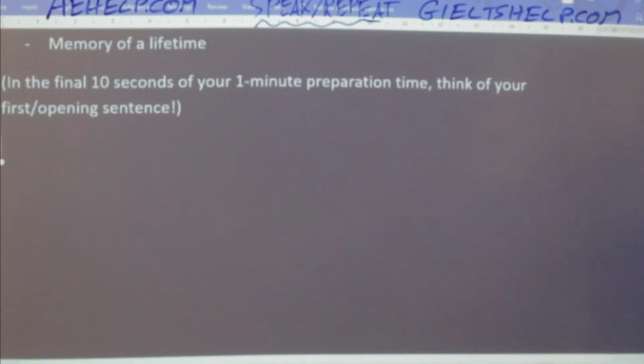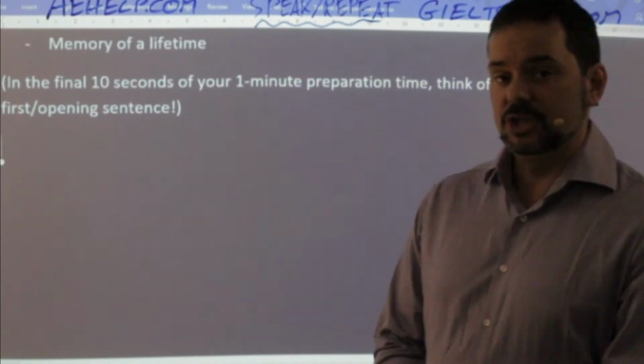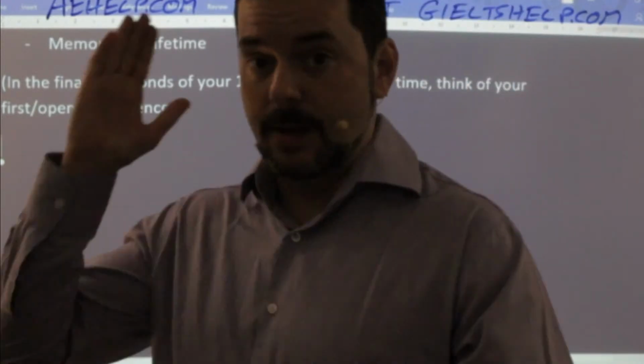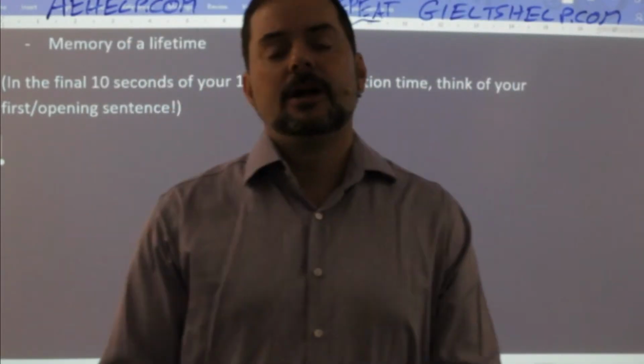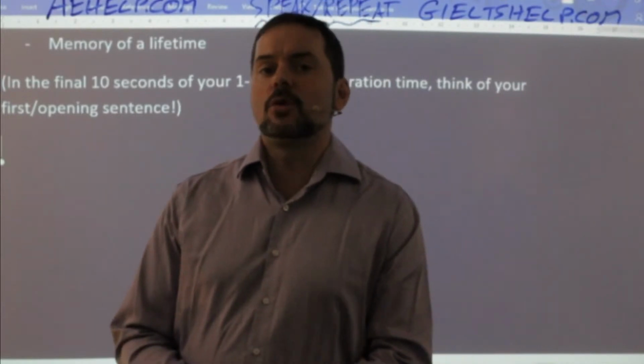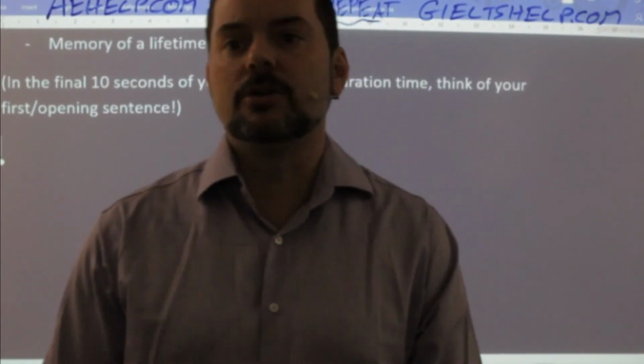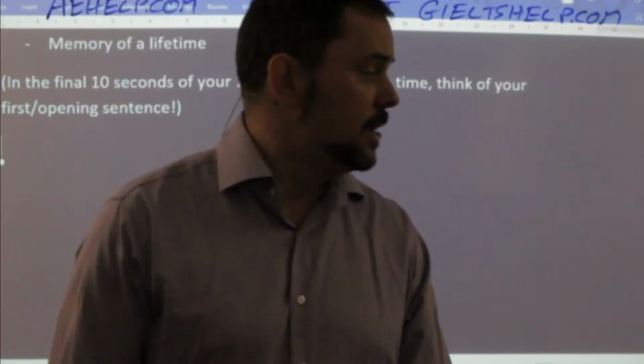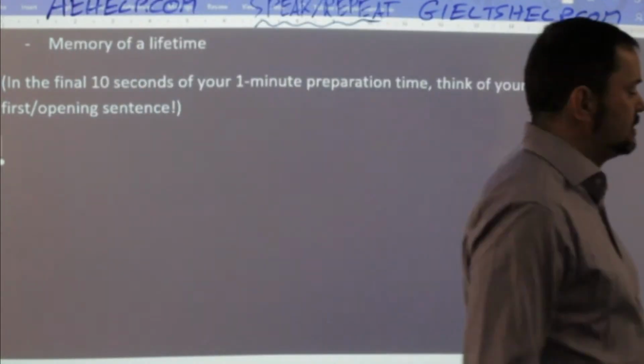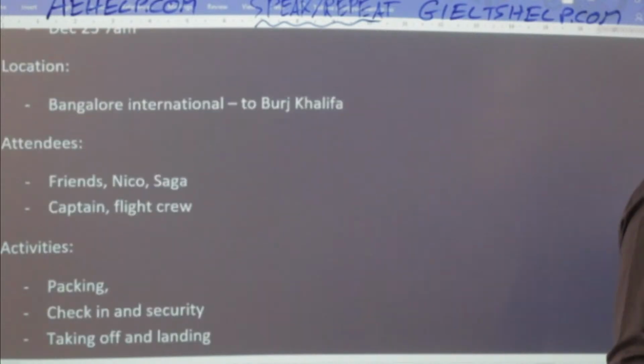So when the examiner says, okay, your 1 minute preparation time is up, please begin speaking, you immediately go right to the point. You answer the question directly, and you start speaking your first sentence. That's right, your opening sentence. It's really important. So your first sentence just comes from answering the topic, okay?